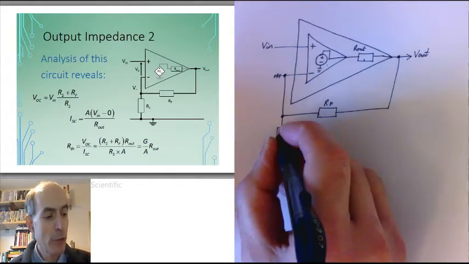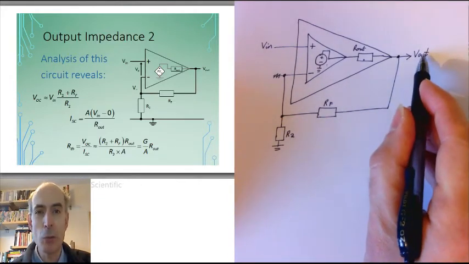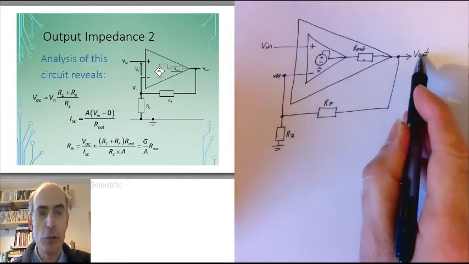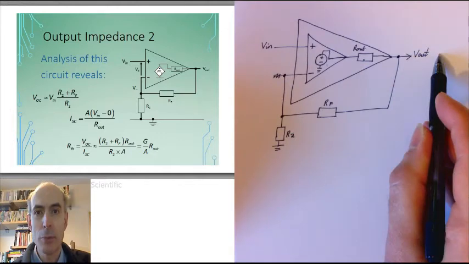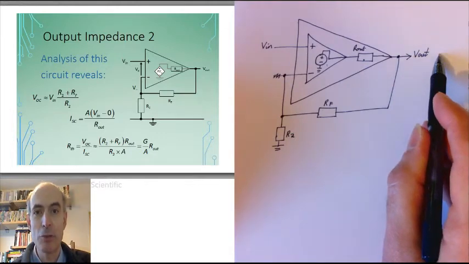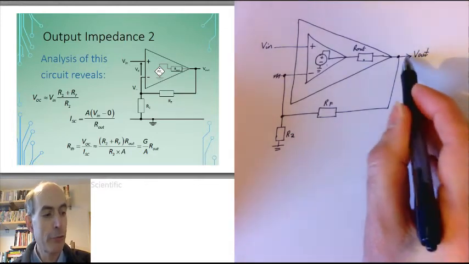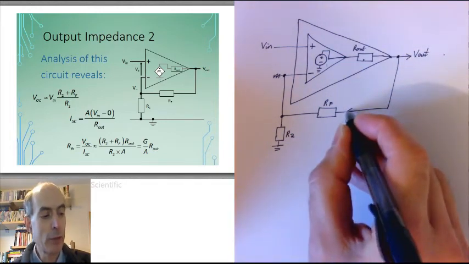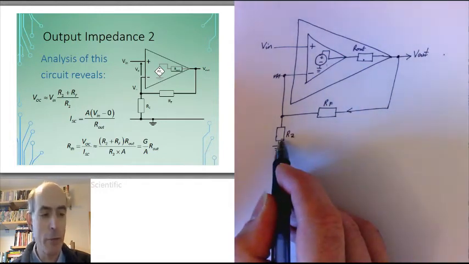Firstly, consider what the open circuit output voltage will be. Well, the open circuit output voltage is the value of Vout when there is nothing connected to the output at all. So there's no current flowing out of Vout. There will be a small current flowing down through RF and R2, however.